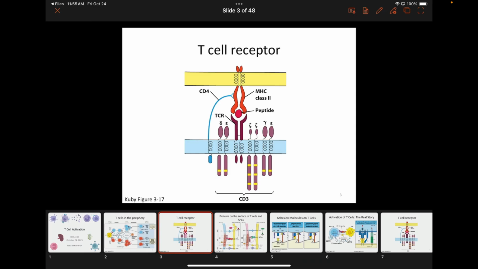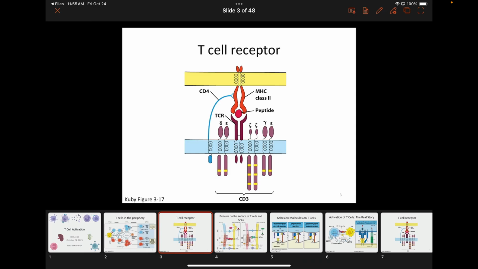I also told you that CD4 or CD8 is important because the binding affinity of the T cell receptor for MHC plus peptide isn't super strong. If we want these two cells held together long enough to let this signaling process happen, we need additional partners. CD4 or CD8 is one of those, in that it is also making contact with the MHC molecule.